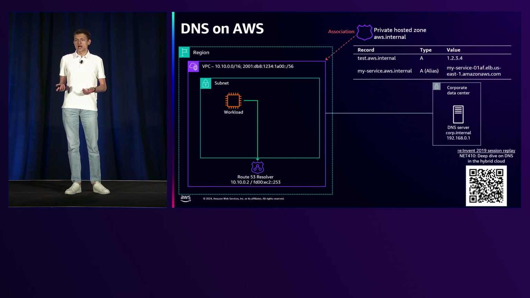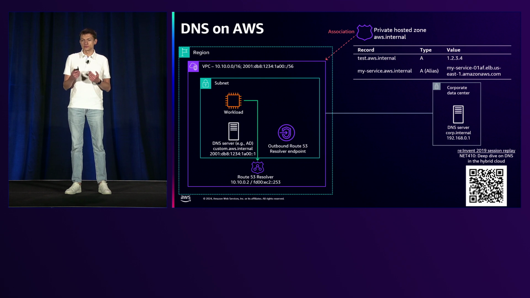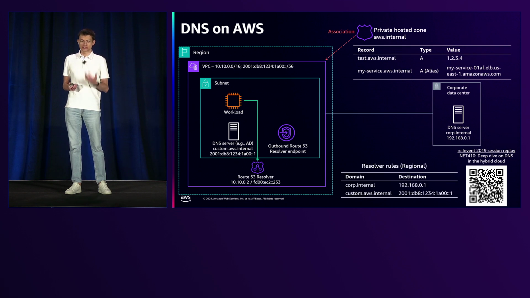OK, what if we have custom DNS servers? It can be on premises, but it can also be other DNS services on AWS, for example, Active Directory. Well, in order to achieve hybrid DNS resolution here, we will create an outbound Route 53 resolver endpoint, and then create associated resolver rules, which will say for a particular domain, we will forward the DNS query to a particular DNS server.